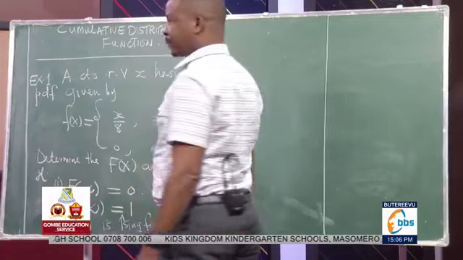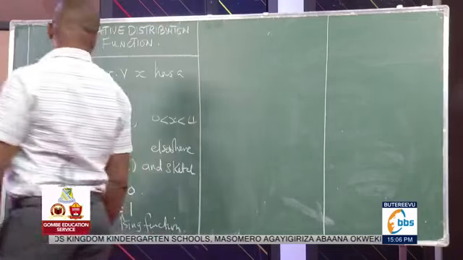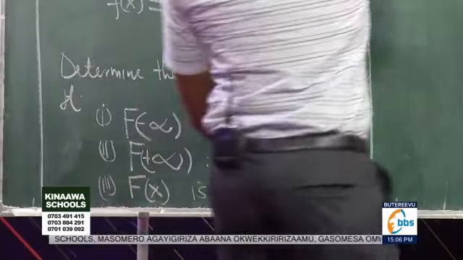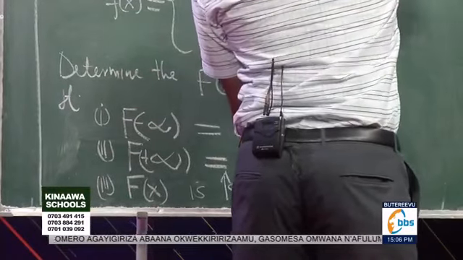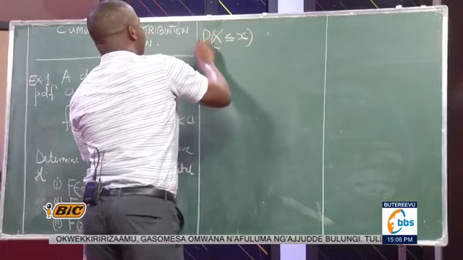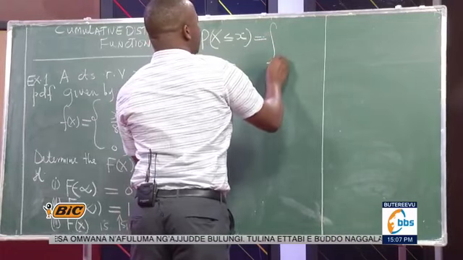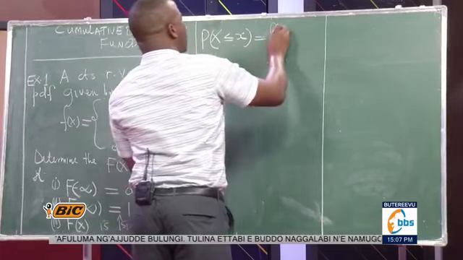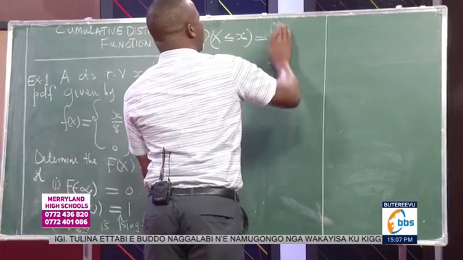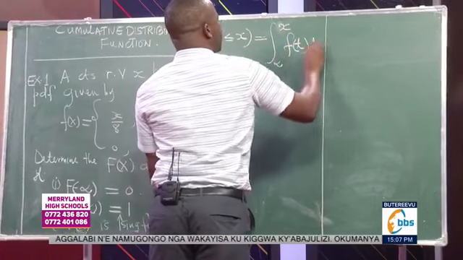Therefore, with these three in your mind, it implies that we need to look at the probability of X less than or equal to small x, which will be considered as the integral from negative infinity to x of f of t dt.